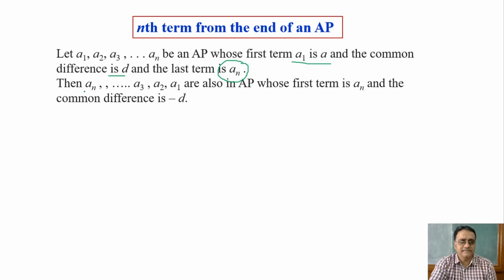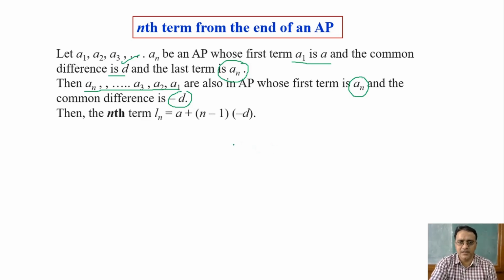So AN, A3, A2, A1 are also in AP, whose first term is AN, and the common difference is minus D with respect to this D. Okay, so now we can use the normal nth term formula, that is A plus n minus 1 into minus D. Here, what will be the first term? This is the first term.